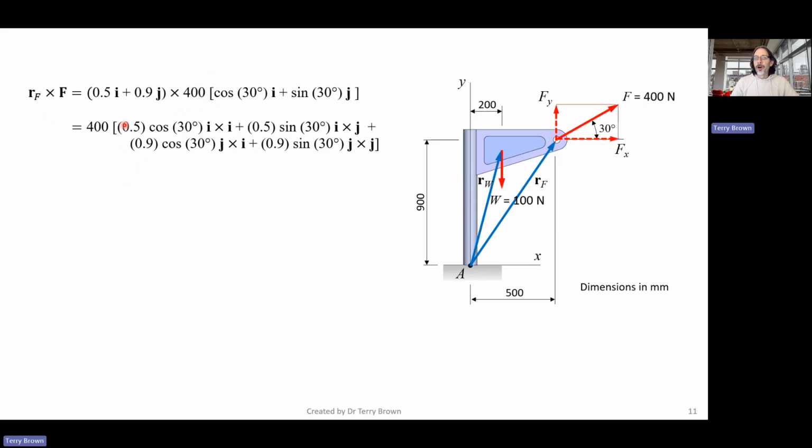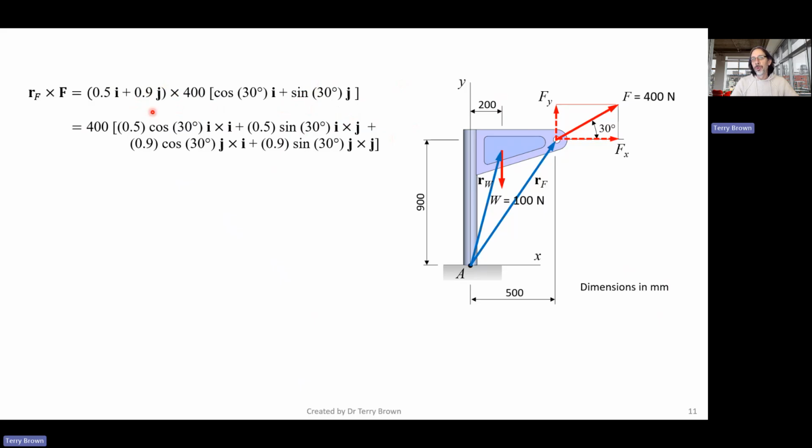So we have 0.5 I times cos 30 I, so we've got I cross I here, and then 0.5 I times, so we're just multiplying this one through again, so 0.5 times sine 30 degrees, and we have I cross J comes into here.